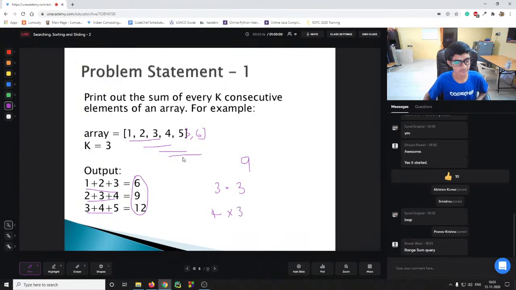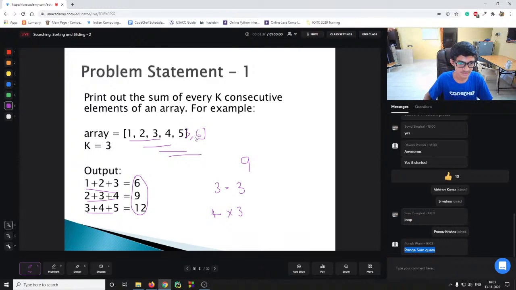The number of times it iterates through this array with the brute force manner is equal to... yeah, you can also use range query. Ronak said you can use range query, which is right. So this is 12.